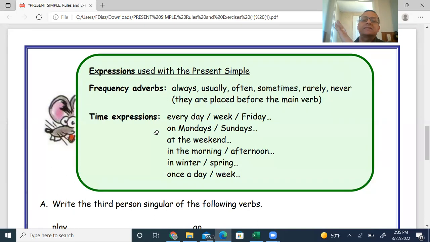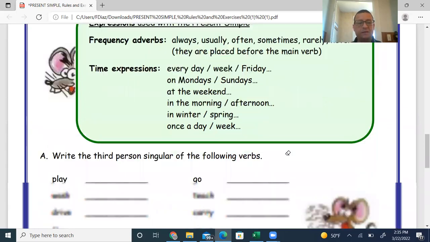I relax at the weekend, on the weekend. Okay? I go to work in the morning. I have a break in winter. I drink coffee once a day. I drink beer once a week. All right? So, these two will be sent to you on a video so you can understand.